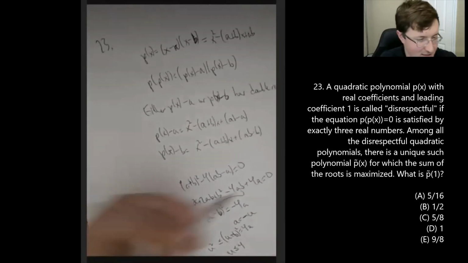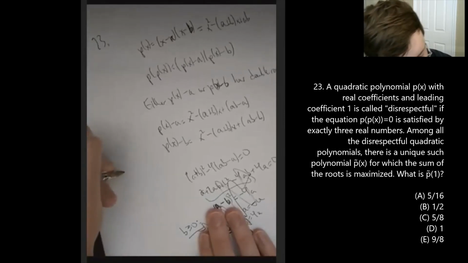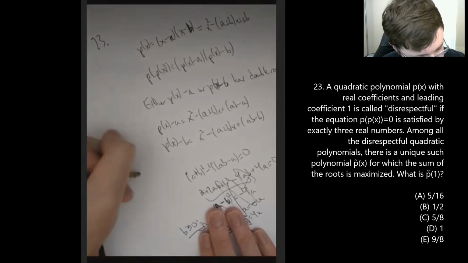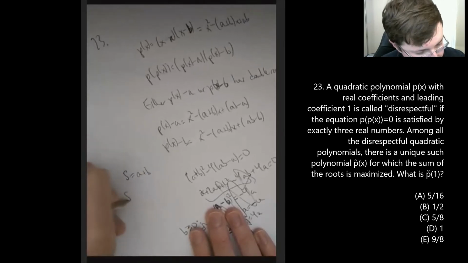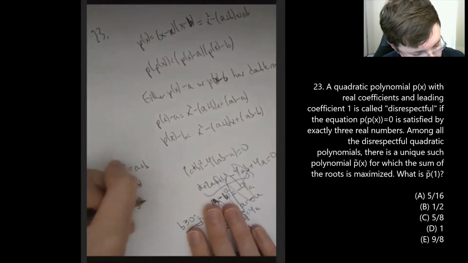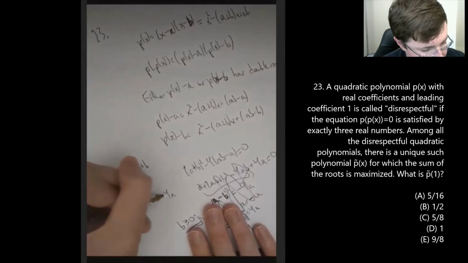Oh, I know. I really care about a plus b, so I'm going to introduce a variable for that. So let me say s equals a plus b. Okay, so s squared minus, I don't want to do this. Maybe plus 4a. Sorry, minus 4a.